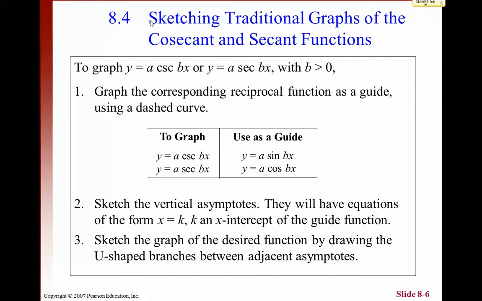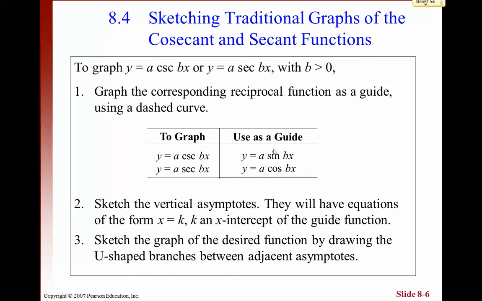Okay, so to graph the cosecant or the secant, you start with your guide function. If you're doing the cosecant, you graph the sine as your guide function. And the same thing with secant, you graph the cosine as your guide function.